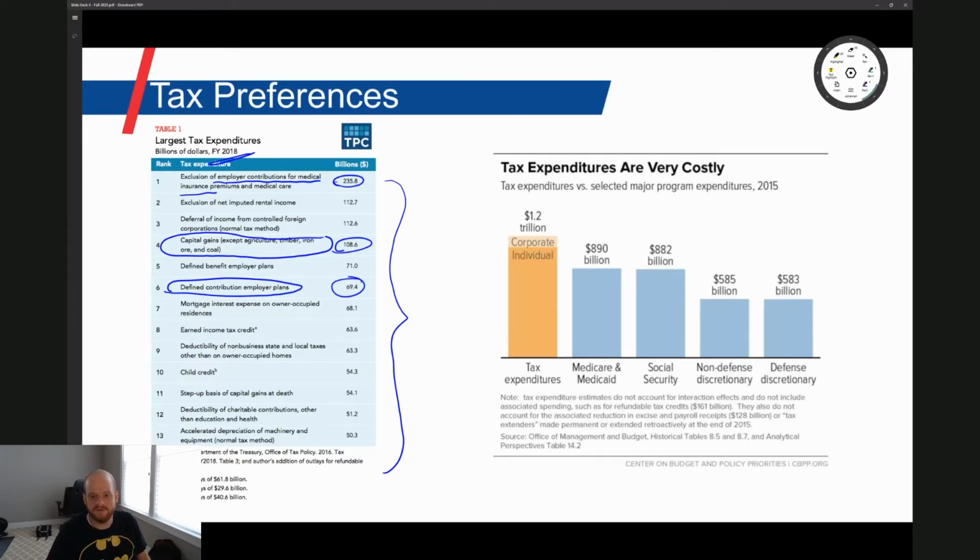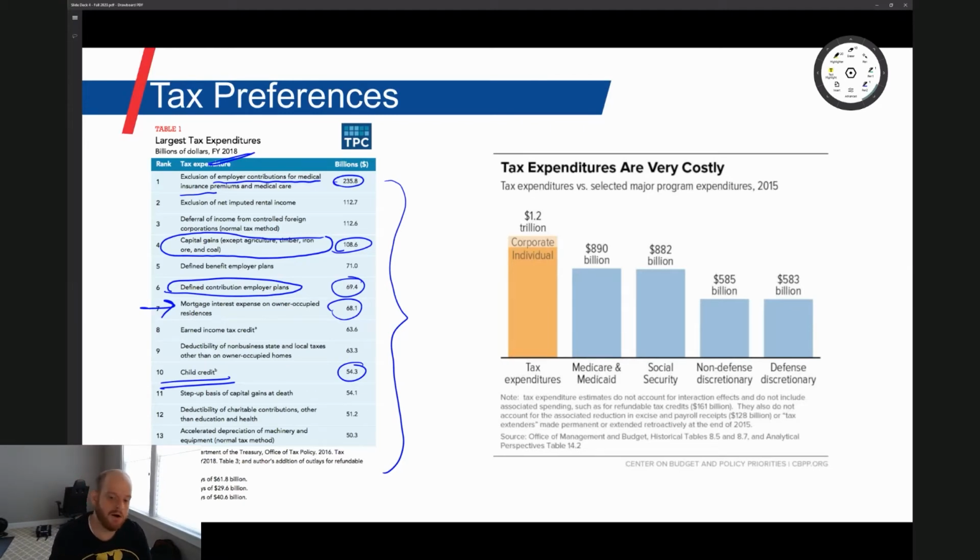We want people to own houses, right? The government encourages home ownership. So there is a mortgage interest deduction that leads to a $68.1 billion loss of revenue for the government. That is a tax preference, right? We want people to have children. There's a child credit that leads to a $54.3 billion loss of revenue for the government.